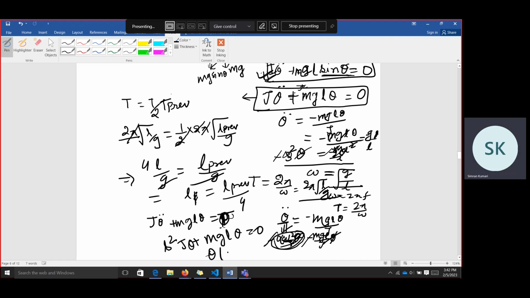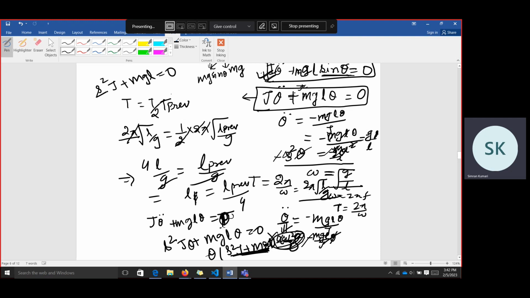So theta will be out, s square J plus mgl equal to 0. So you have to find the root of this.